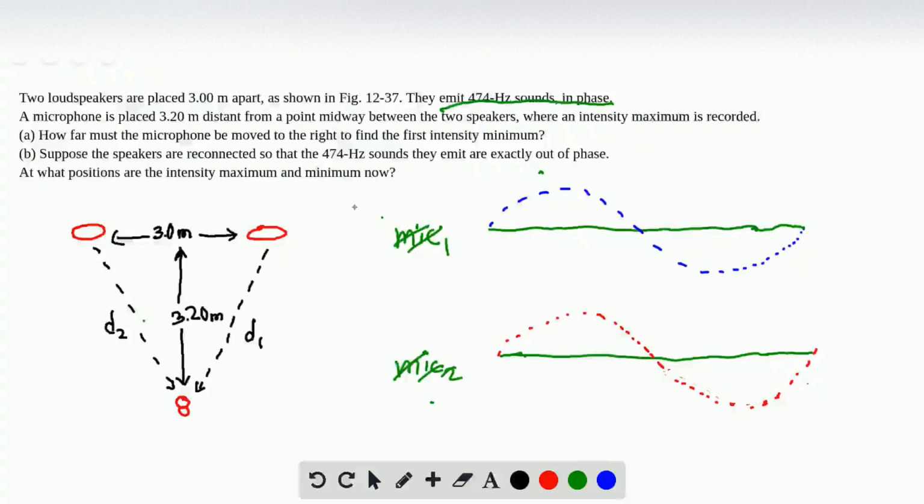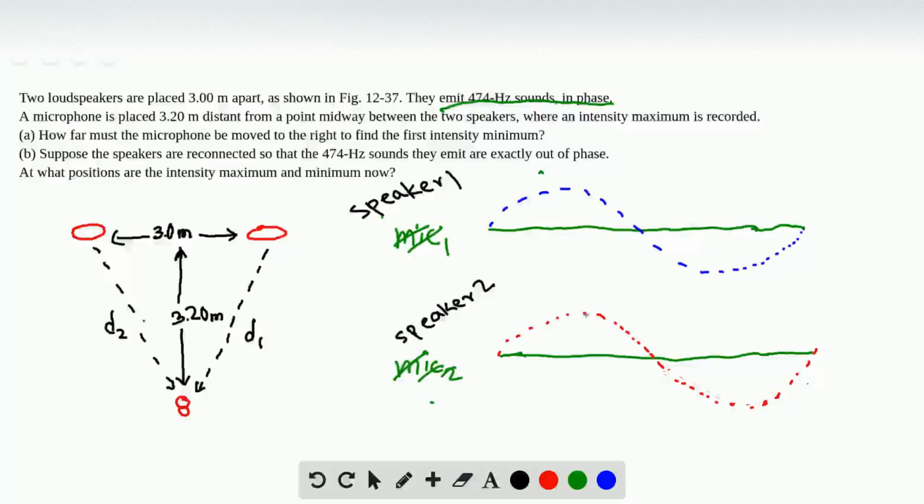So let's say that's speaker 1, and then this is speaker 2.